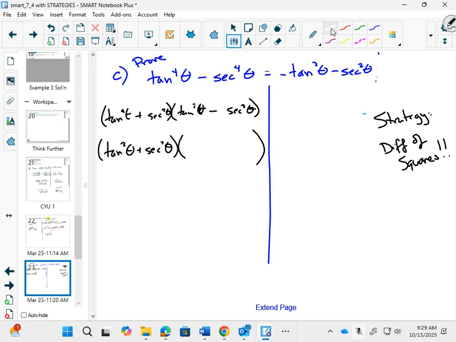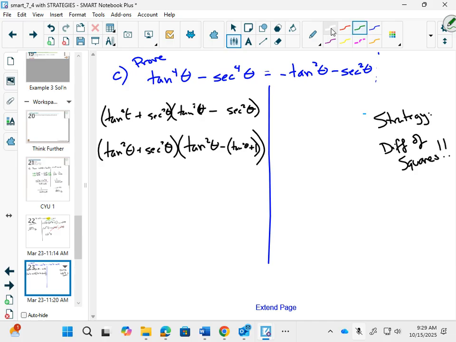If I move the secant to the left, I'd have to move the 1 to the right, which would be problematic, because it's two things. So to show my work here, I might do tan squared theta minus, and then I go to my formula and say I can change secant squared theta to tan squared theta plus 1.